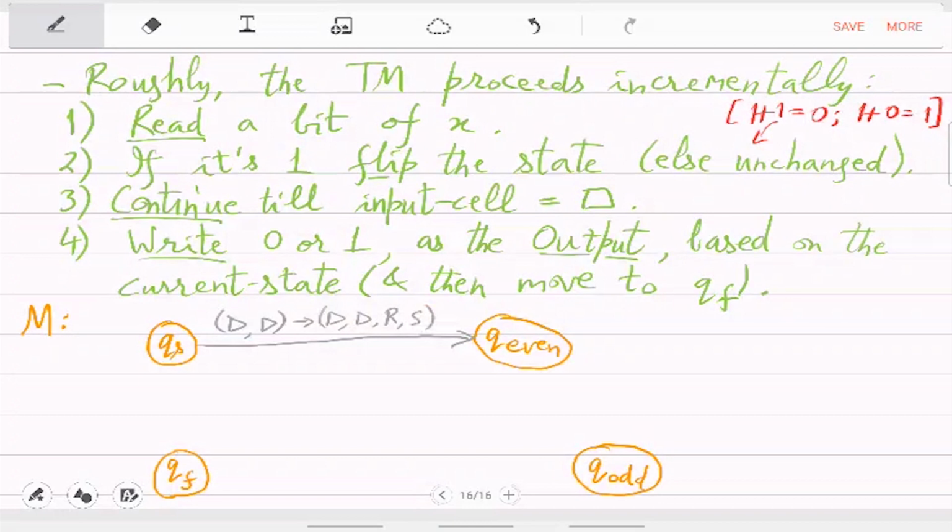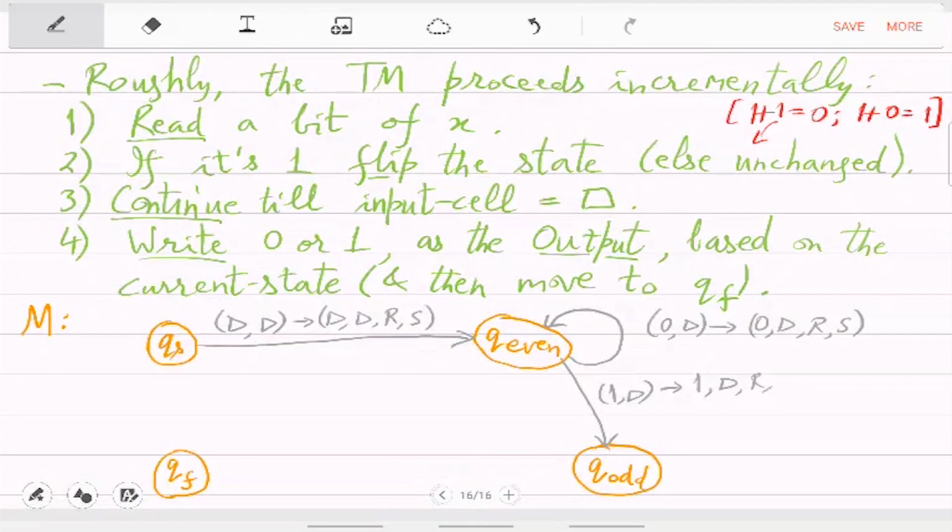And the other information is that after start you have moved to the parity 0 state, and now when you move right, the input head sees the first bit. Based on that bit it has to take an action. So what is the action? If this bit is 0, then don't change anything, just keep moving right.